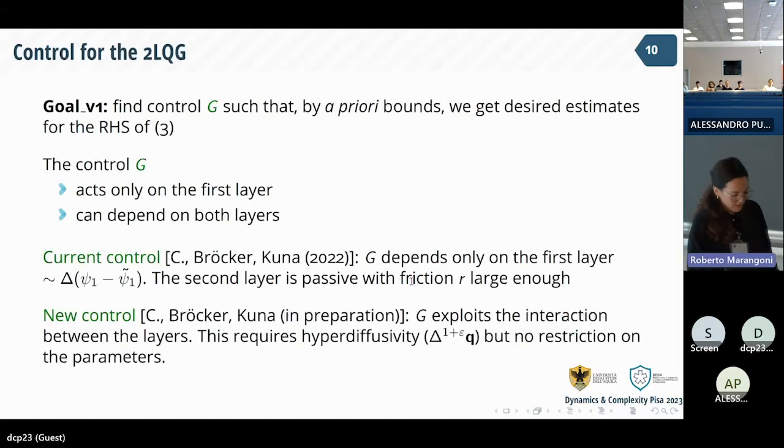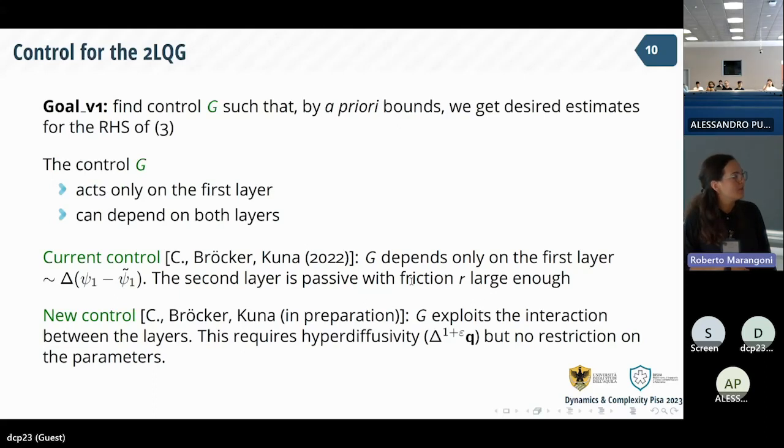In the results that I presented before, we take G that depends only on the first layer, so it's effectively like a Laplacian of the difference. In this case, the control is helping stabilize the first layer especially because it's not using the information of the second layer.